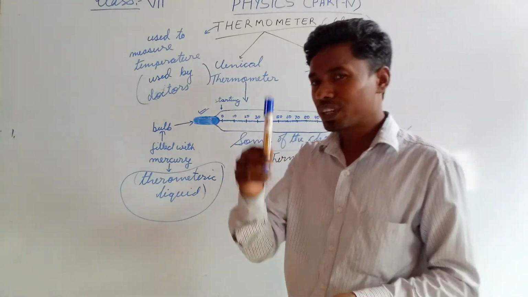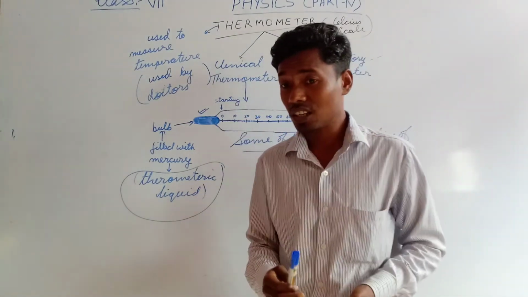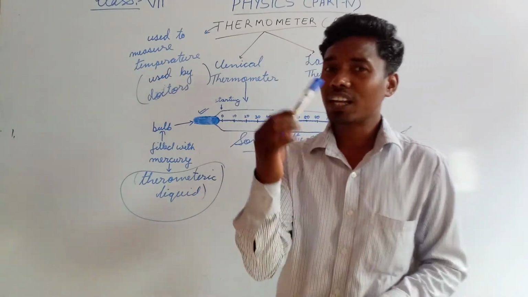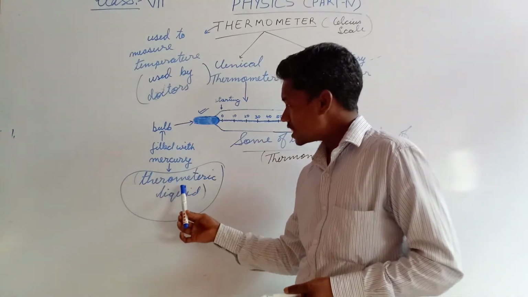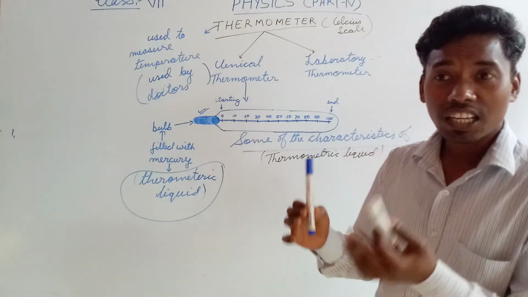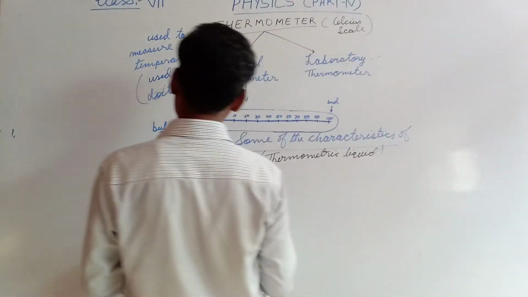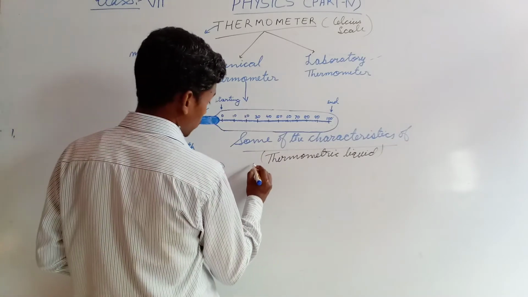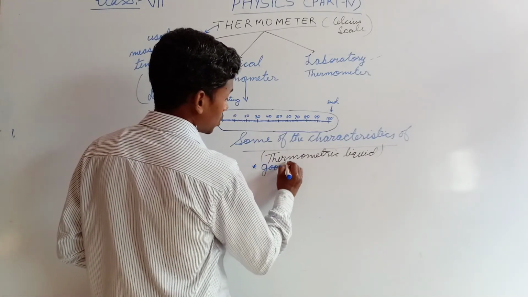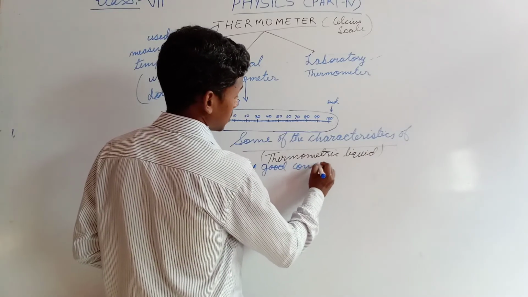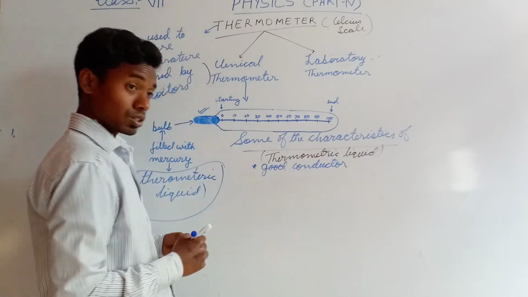So we need to get the exact reading and the correct reading instantly. So how do we get that? In the thermometer we have a good conducting liquid. So this thermometric liquid should be, number 1, a good conductor. Understood?